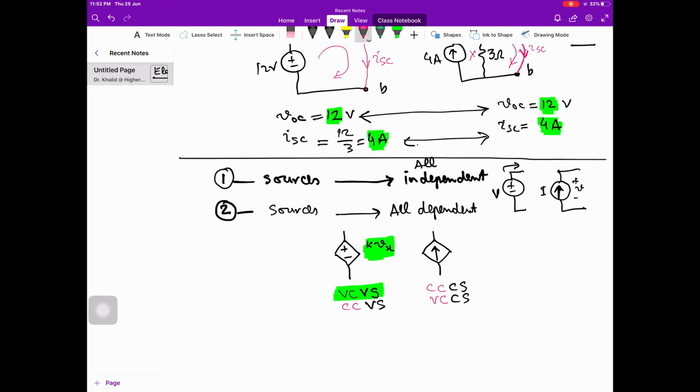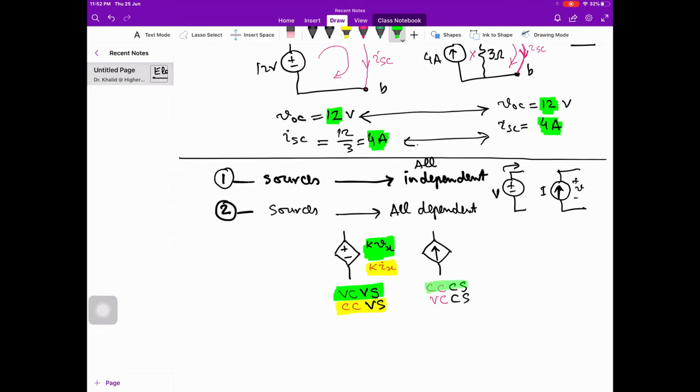And in case of a current controlled voltage source, we may have a proportionality constant and some currents, Ix, Iy, I1, I2, I3. So in this case, the control variable is a current signal, so it is a current controlled voltage source. Now come to the current source over here.